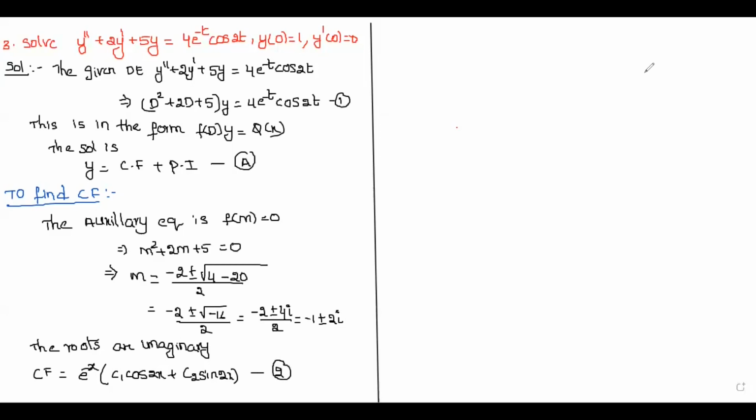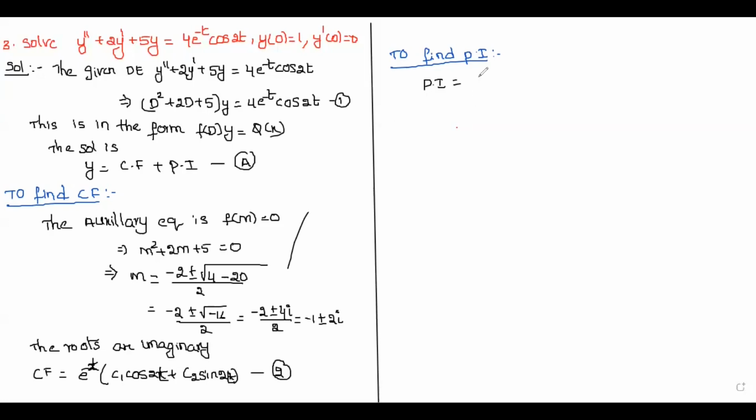Next, to find the particular integral. Particular integral is equal to, so here it is t not x, since the independent variable is t here.